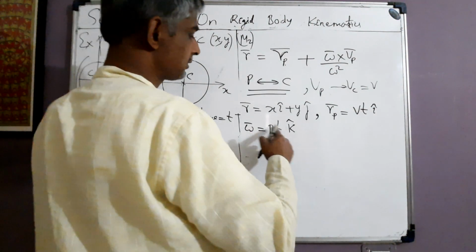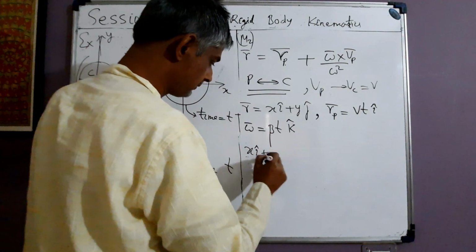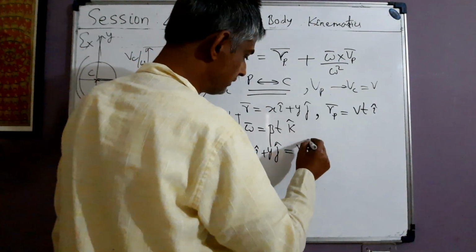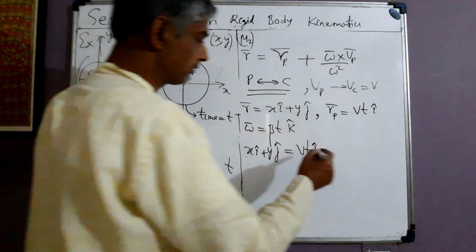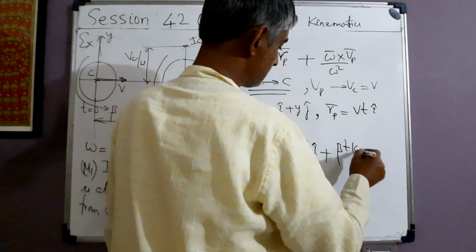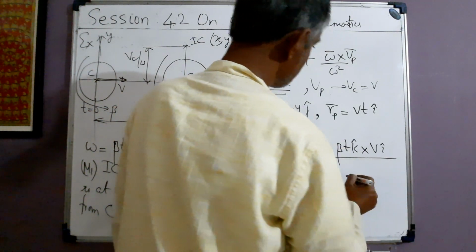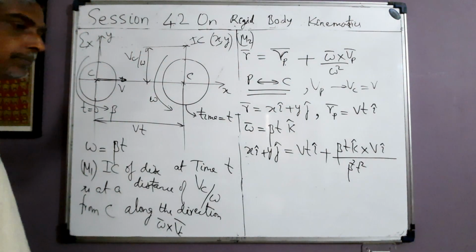So we substitute these into the formula. Instead of R we write x i hat plus y j hat. Rp we write Vt i hat. Omega vector we write beta t k hat. Vp we write as V i hat by omega square, beta square t square.